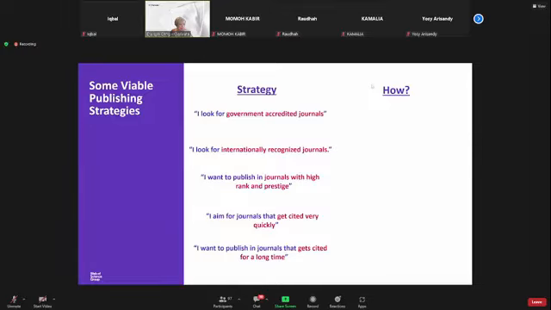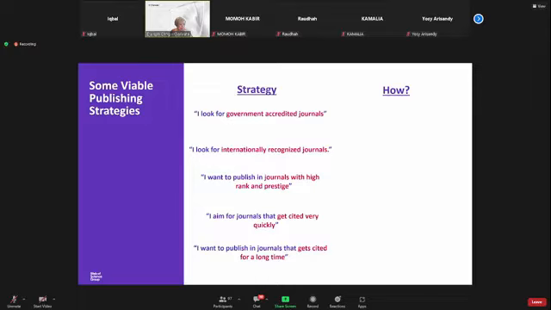Now, some of you are early career researchers on the call. Some of you are experienced researchers who have already published multiple papers before. So for today, I'm going to share with you some additional strategies that you can utilize to select journals to publish in. The first one is for early career researchers who have never actually published before.